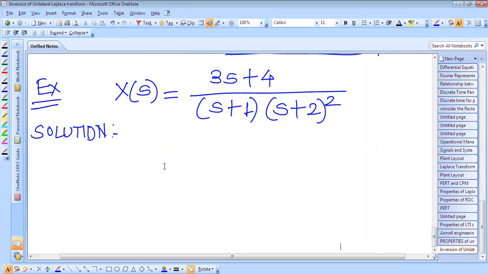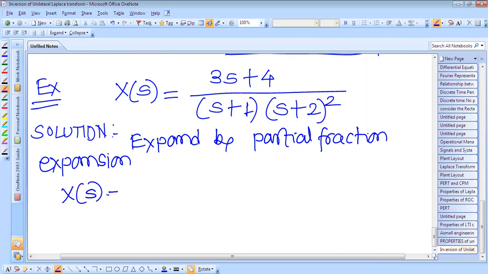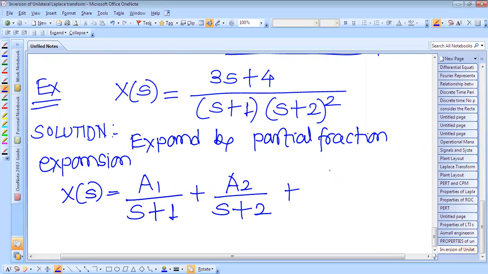The partial fraction of x of s: x of s is a1 over (s plus 1) plus a2 over (s plus 2) plus a3 over (s plus 2) square.